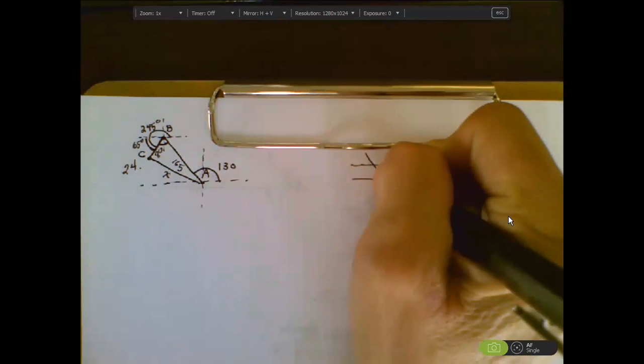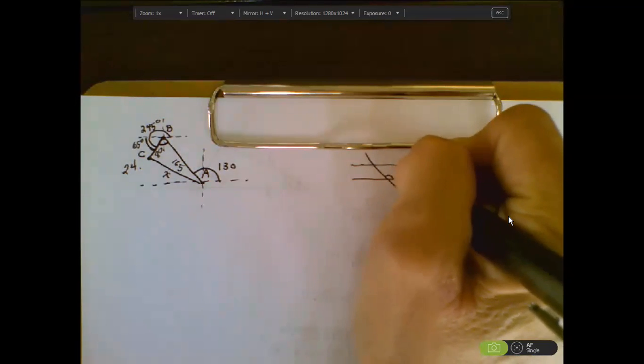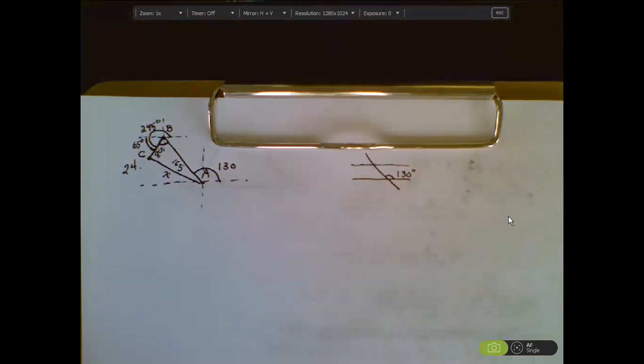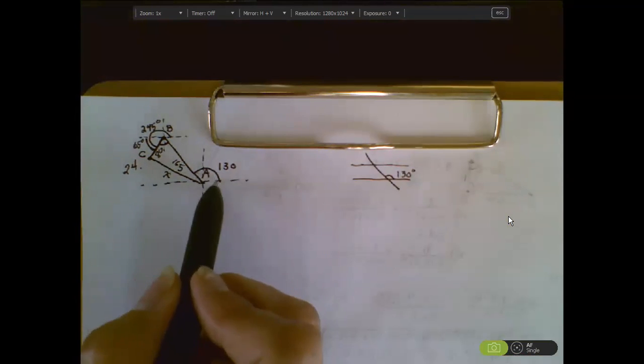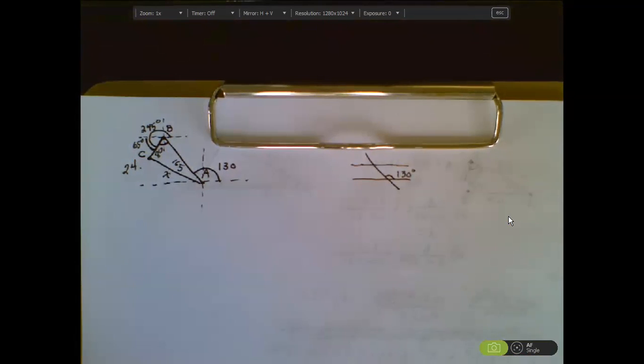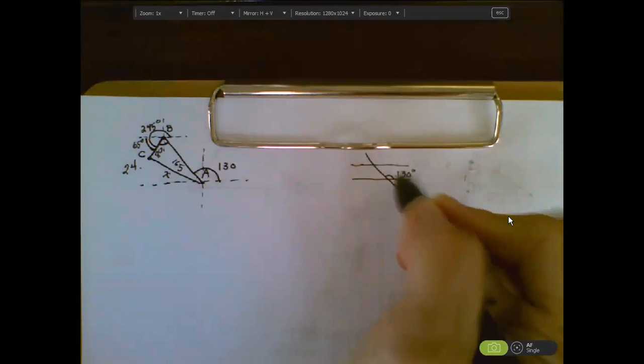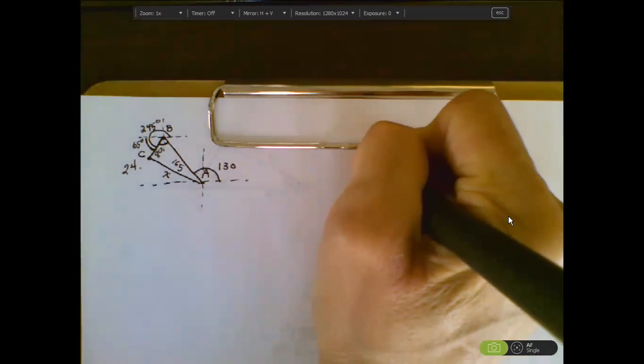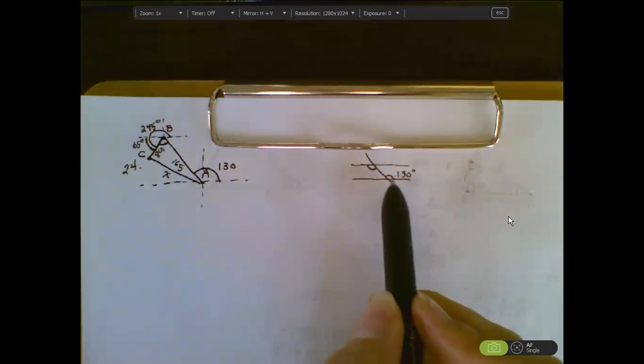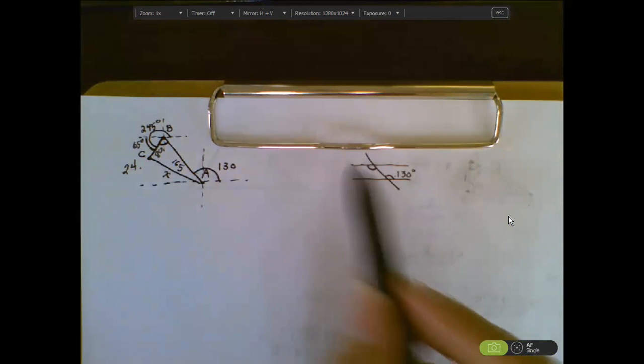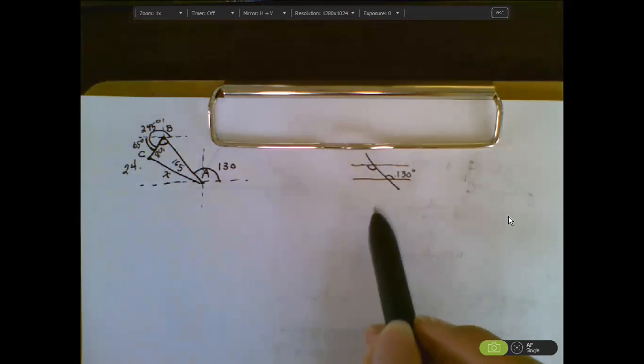If I know that this is 130 degrees, that's this angle right here. In geometry, it's called opposite interior angles. The two interior angles formed by a transversal that cuts across two parallel lines.